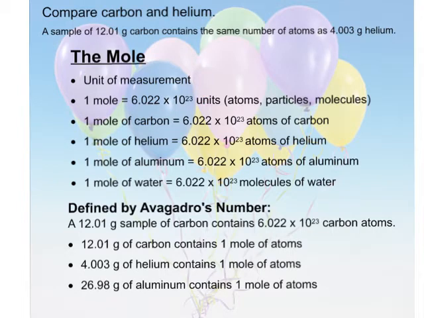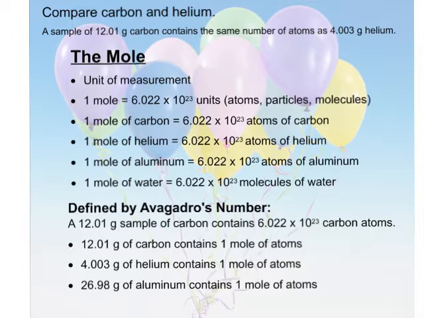That's the conversion factor. 1 mole of carbon, therefore, would be 6.022 times 10 to the 23rd atoms of carbon. 1 mole of helium is 6.022 times 10 to the 23rd atoms of helium. We have 6.022 times 10 to the 23rd atoms of aluminum in 1 mole of aluminum. And 1 mole of water would be 6.022 times 10 to the 23rd molecules of water.